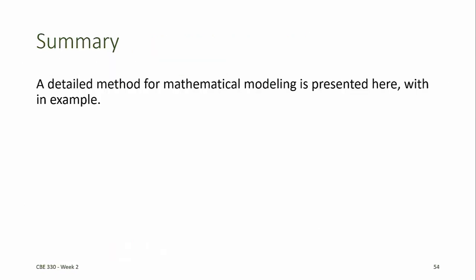In summary, Chapter 2 of the notes text introduces a detailed method for developing mathematical models of chemical and biological processes based on theory. We call these types of models theoretical models. And we introduced all of the steps in this modeling method using an example of a blending tank. I want to remind you that modeling is both a science and an art. Mathematical models should obey fundamental physical laws of the universe.